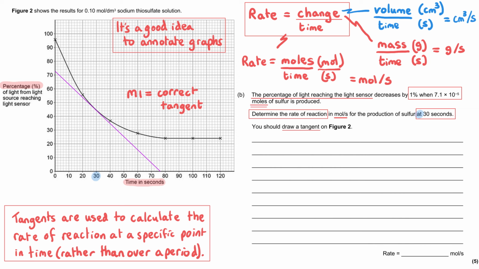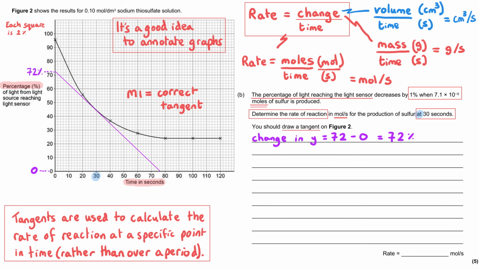On the y-axis, the value starts one line above 70, and each square is worth 2%. So it starts at 72%, and it goes all the way down to 0%. That's why I suggest you continue the tangent to the axes where possible, because that means our change in y is 72%.